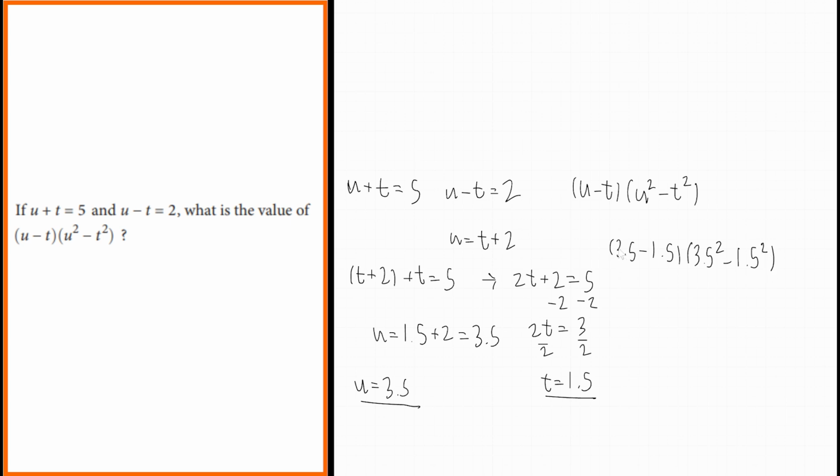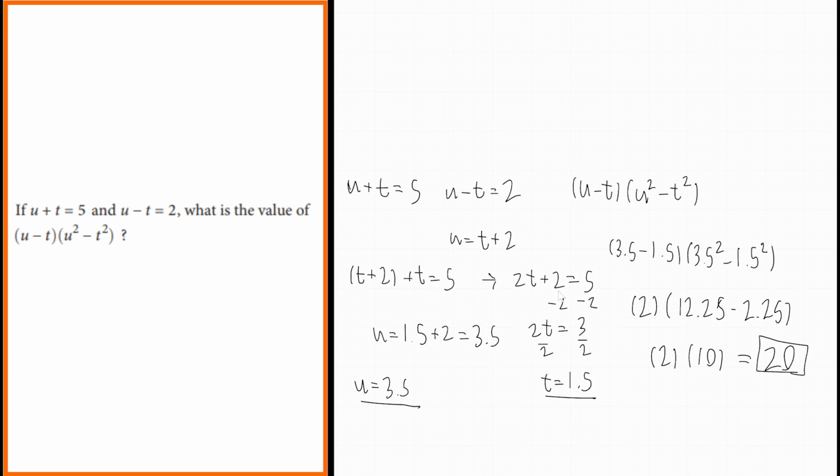If we simplify this, 3.5 minus 1.5 is just going to equal 2. 3.5 squared is 12.25. 1.5 squared is 2.25. We subtract these out, we get 2 times 10, which of course equals 20. And 20 is indeed our final answer.